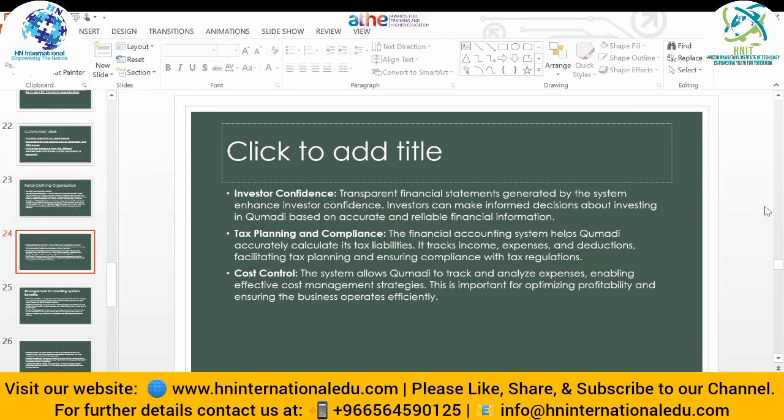Then we have tax planning and compliance. This financial accounting system helps Qmade accurately calculate its tax liabilities. What are tax liabilities? The ones which we have to pay to the government. It tracks income, expenses, and deductions, facilitating tax planning and ensuring compliance with tax regulations. In every country, in every business, we are liable to pay taxes.